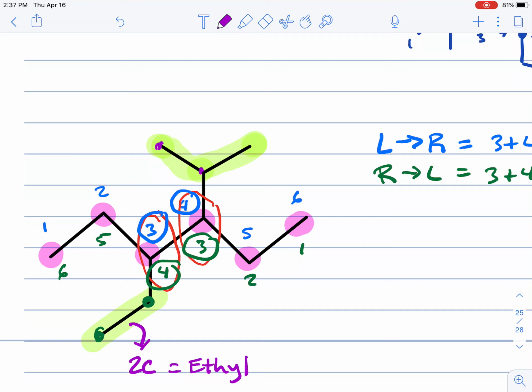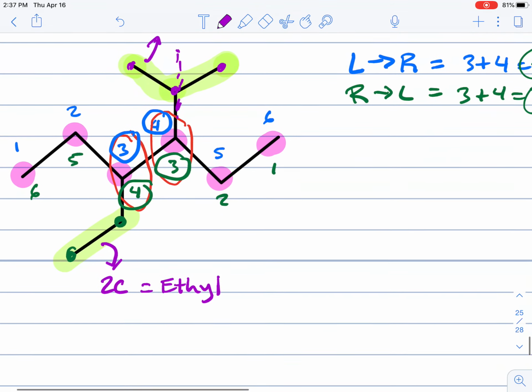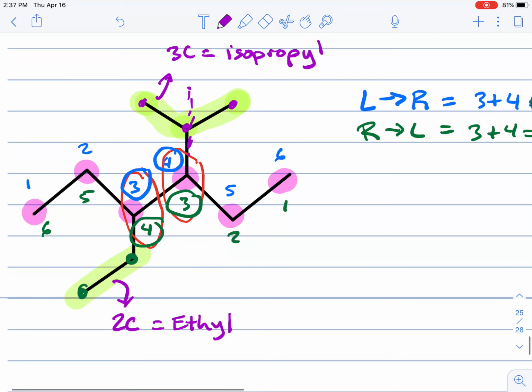Here I have 1, 2, 3 carbons on this substituent, so I know that this is prop, or propyl. But if you look, there's kind of symmetry, right? Remember, if there's symmetry in your substituent, you put an iso. So this is isopropyl. There's a reason why I wanted to name my substituent first.